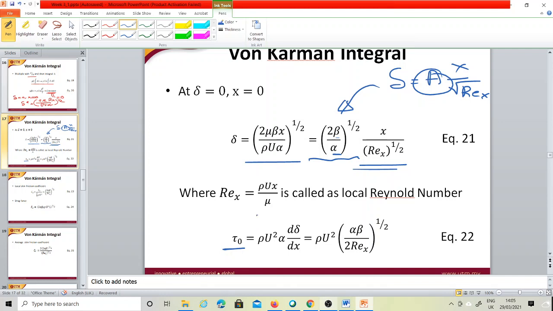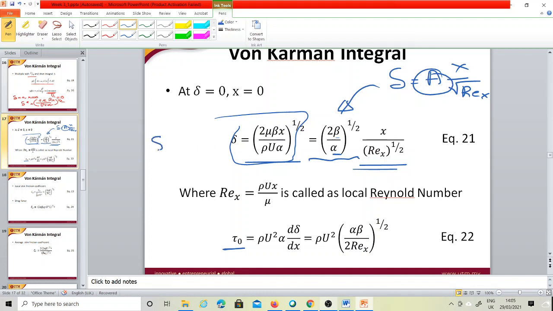the wall stress can also be written in this way. So you just need to differentiate delta with respect to x. Okay, so your delta is this one, just consider this one, and then you have root over x. So if you differentiate this one, you will have 1 over 2 root x. Okay, so I already tried.